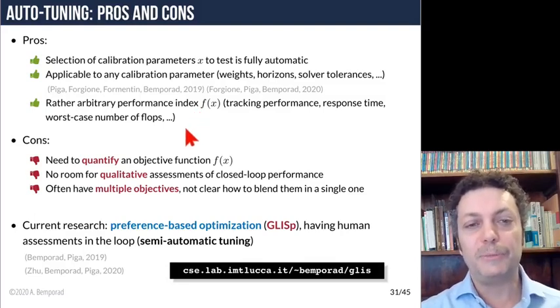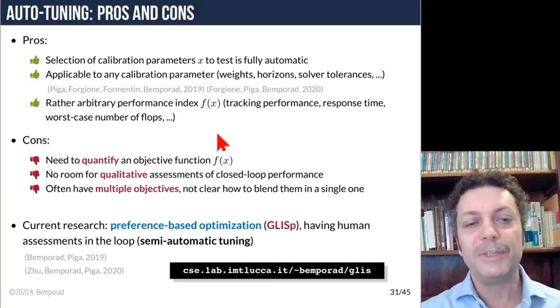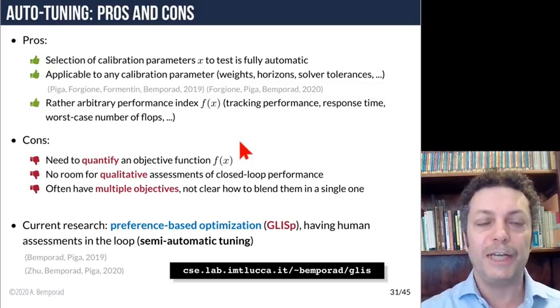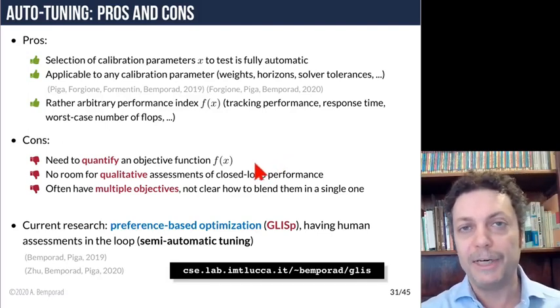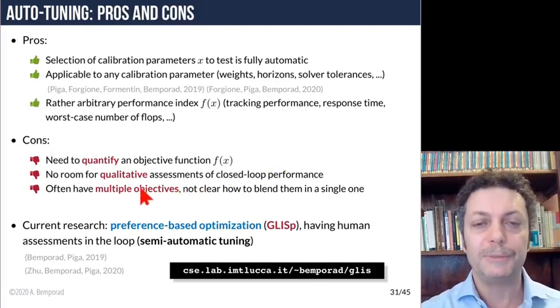Now, the cons of this approach is that you actually have to quantify an objective function, and often this is not easy to do. Often you have multiple objectives that you want to take into account, and you don't know exactly how to blend them. So you would actually like to see the results that you get, and then maybe judge whether some objective is met correctly or should be better met by the controller.